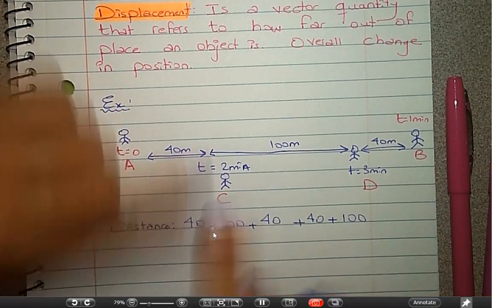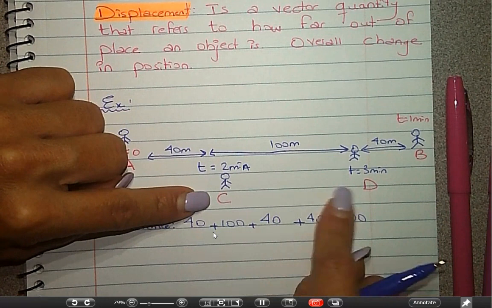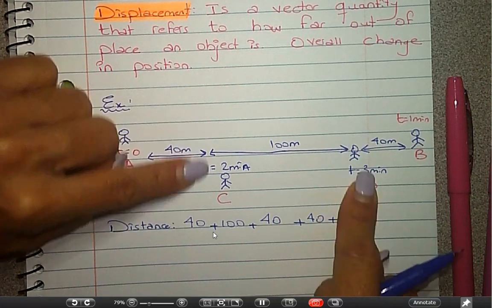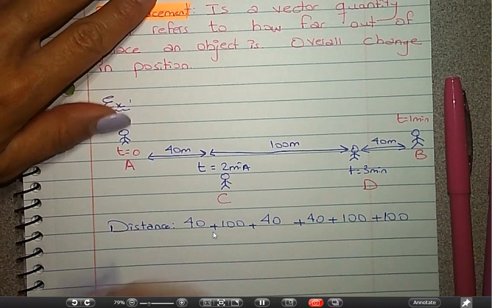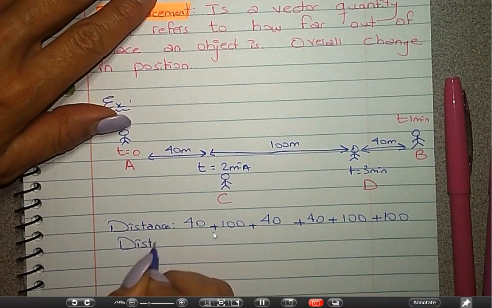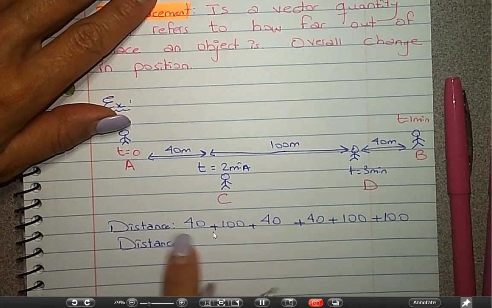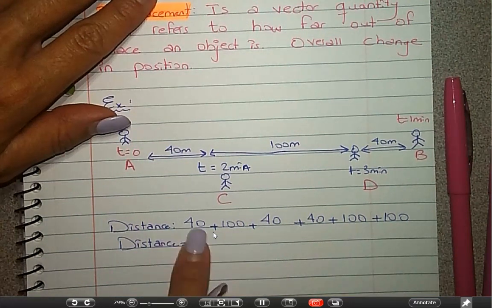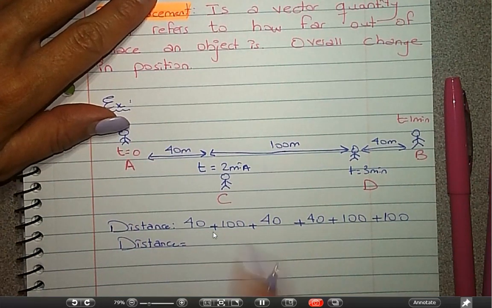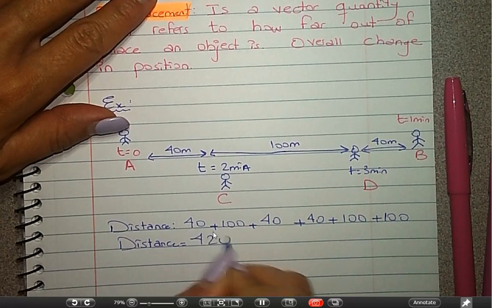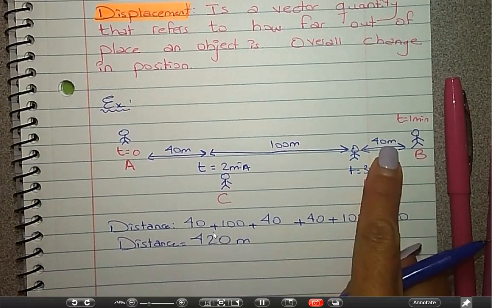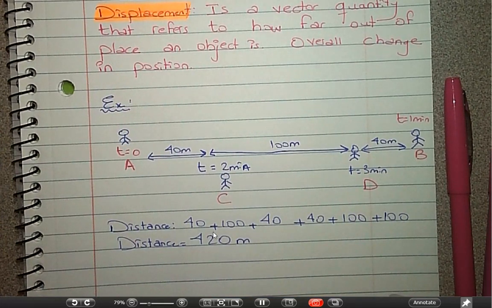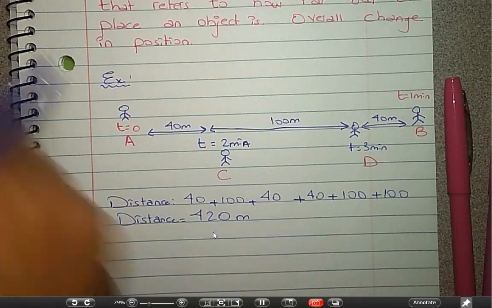And then he traveled again from C to D, and the distance here is 100. So that means the distance traveled, you just add them up, and you will get 420 meters, because the unit is meters. Okay, I hope that makes sense.